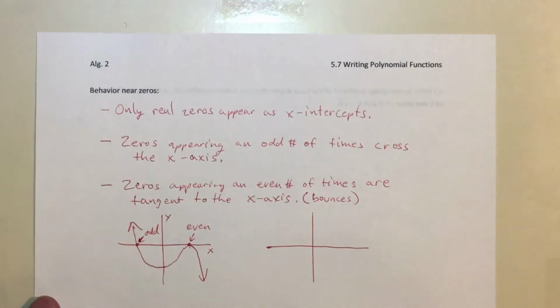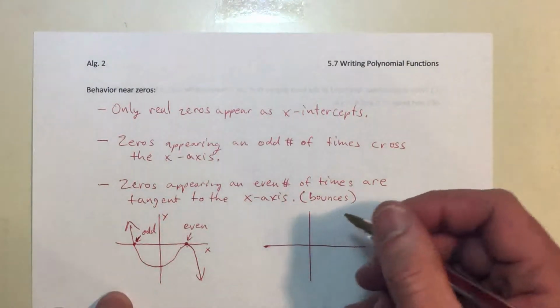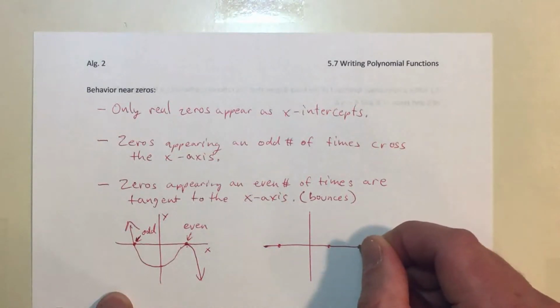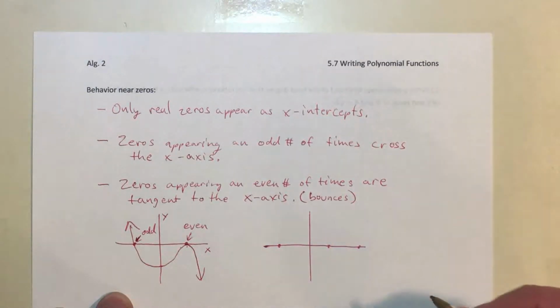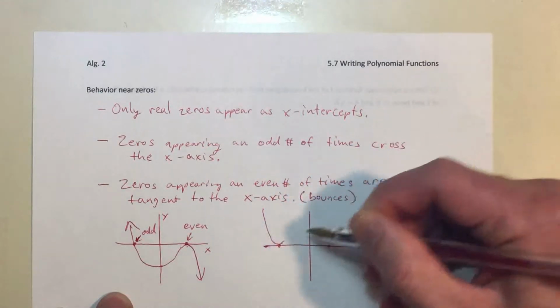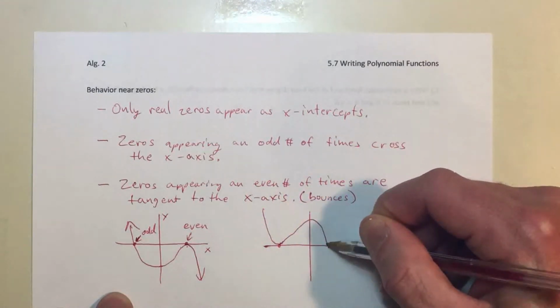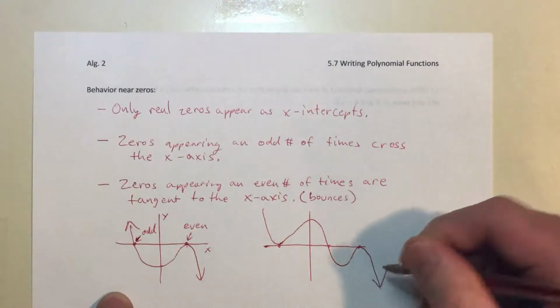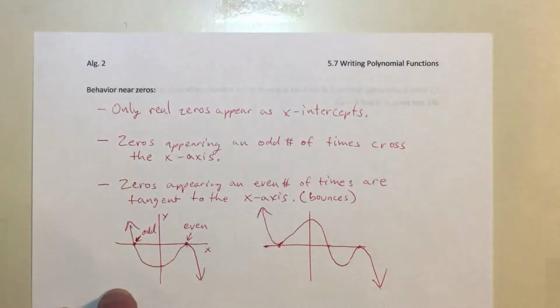And just for good measure, let's do another one. Put a 0 to the left, a couple zeros to the right. And maybe it comes down like this, bounces off, crosses, bounces off, okay. Kind of a crazy graph like that.